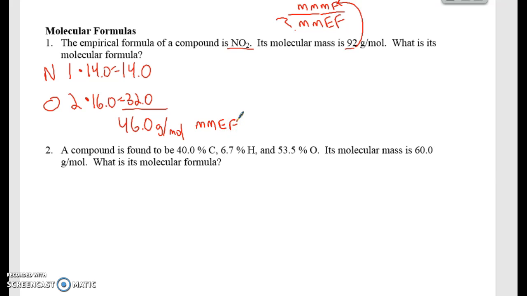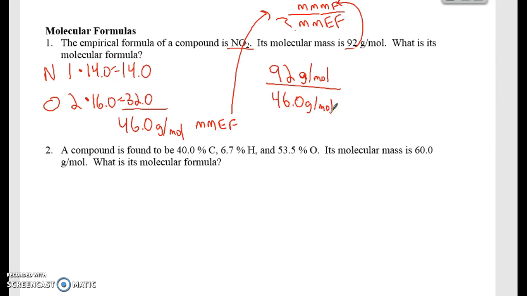So what we want to do is plug that into that equation up there. The molar mass of the molecular formula, which I gave you in the problem, is 92 grams per mole. We figured out the molar mass of the empirical formula is 46.0 grams per mole.